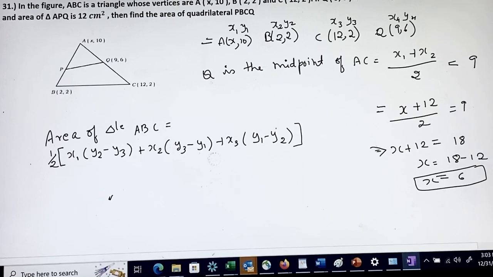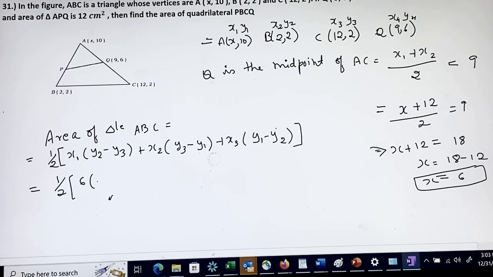Okay, now we need to replace the given value in this equation. Now we know what is x1, x2, y2. So x1 is nothing but, we know the x value now. What is the x value?